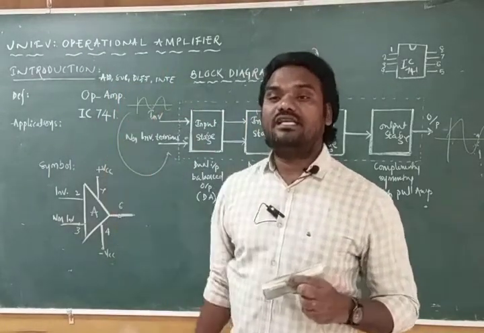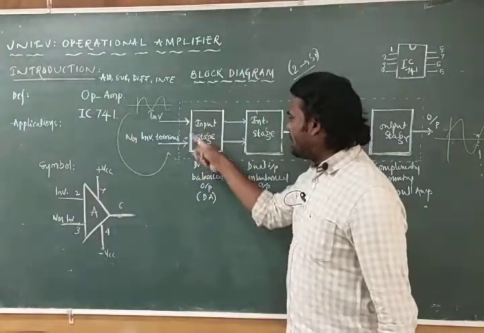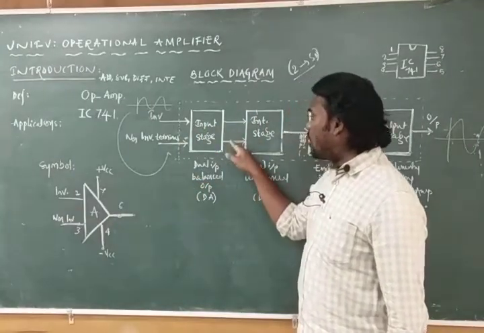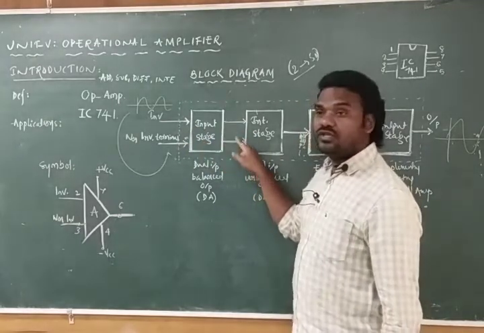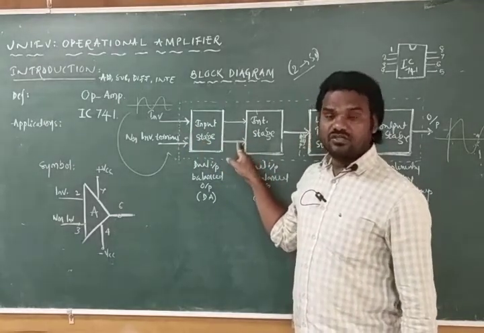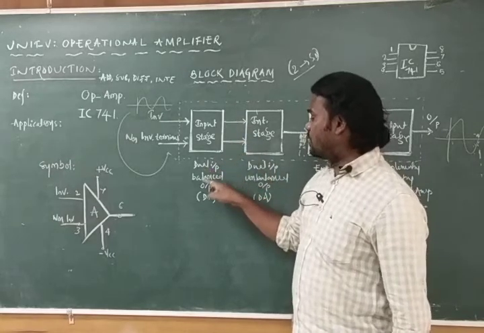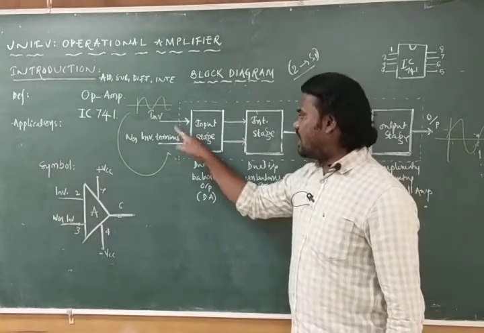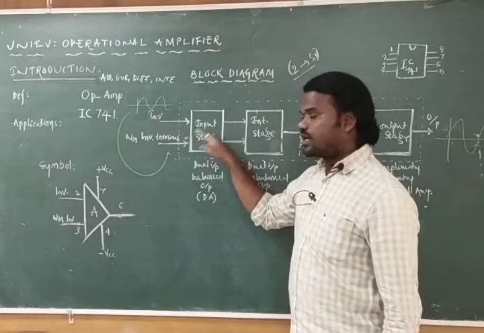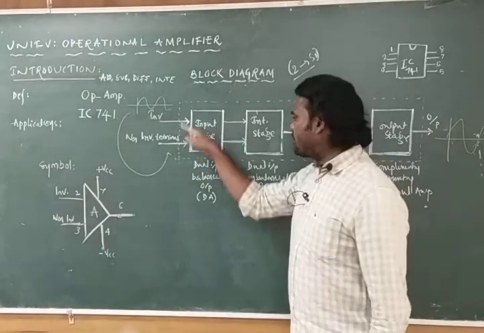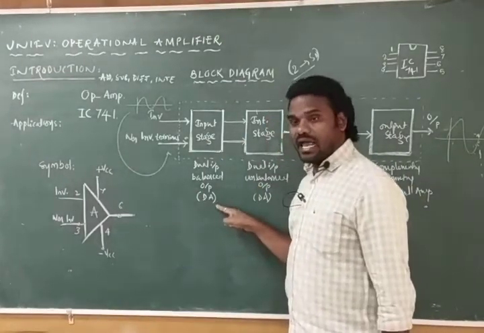That is called a differential amplifier, and this differential amplifier is dual input and dual output. Both the inputs and outputs are dual only, so it is called a balanced output. Which type of amplifier is it? Balanced. And which type?